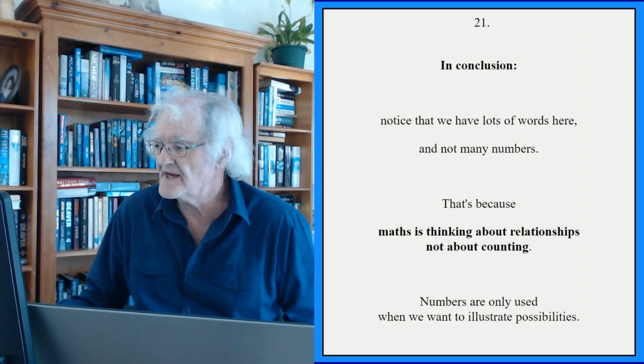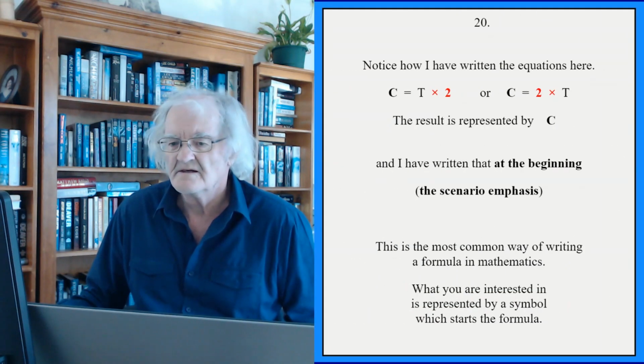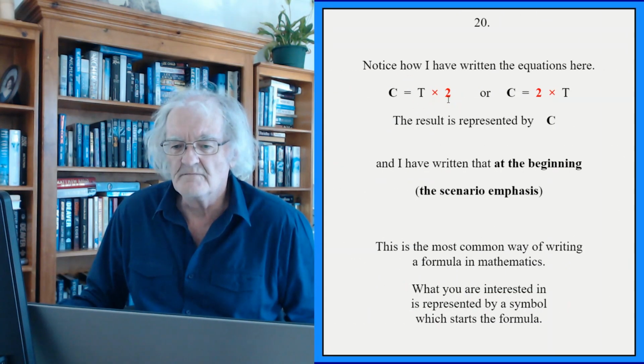So if we go back and look at those formulae, the number 2 appears, but it is the letters indicating what is relevant, which is the most important. The number of chairs and the number of tables are related.